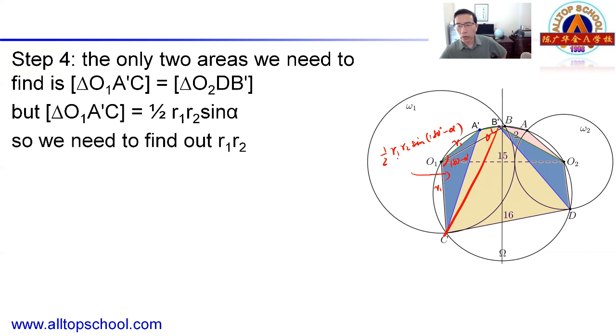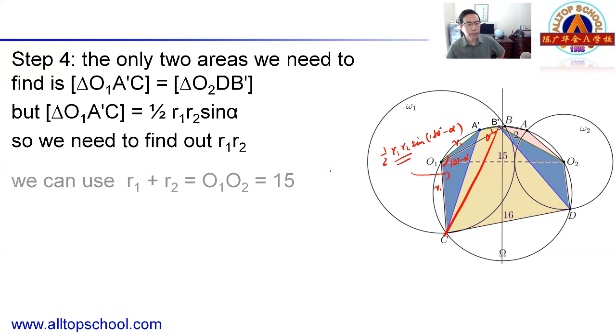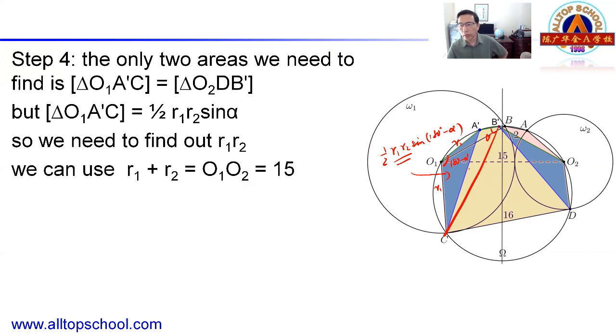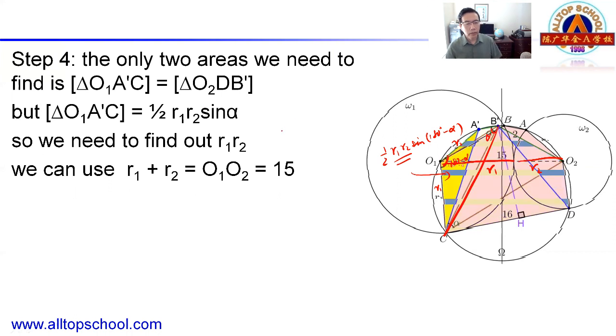So the only thing we need to figure out is R1 R2, the product of the two radii. This is R1, this is R2. R1 and R2 add together to equal 15, which is given. So from here, we can use the perfect square formula. Let me clean this up.